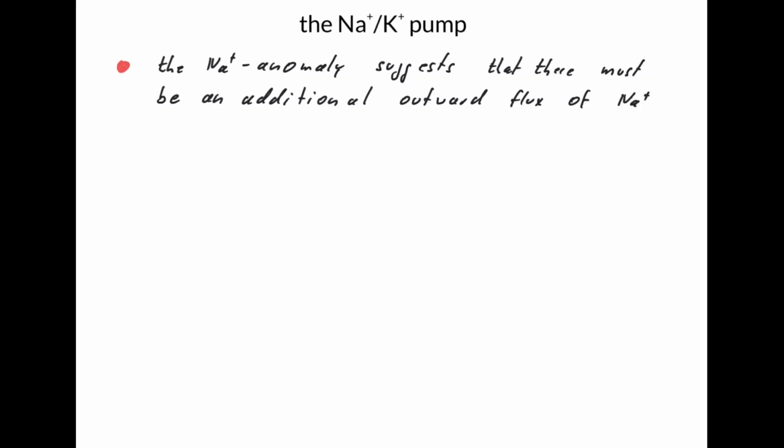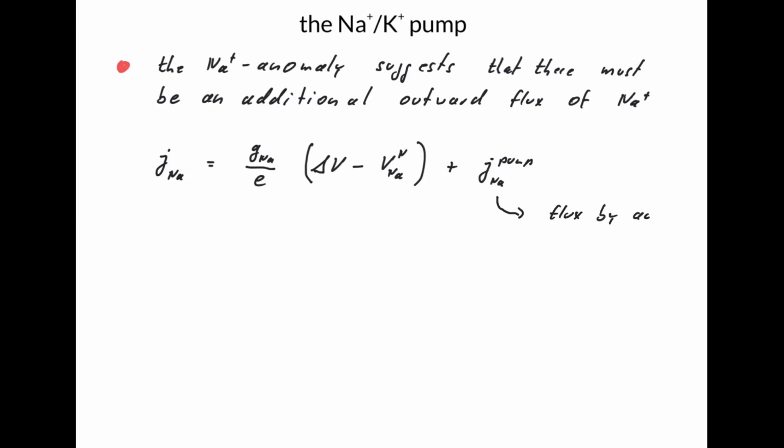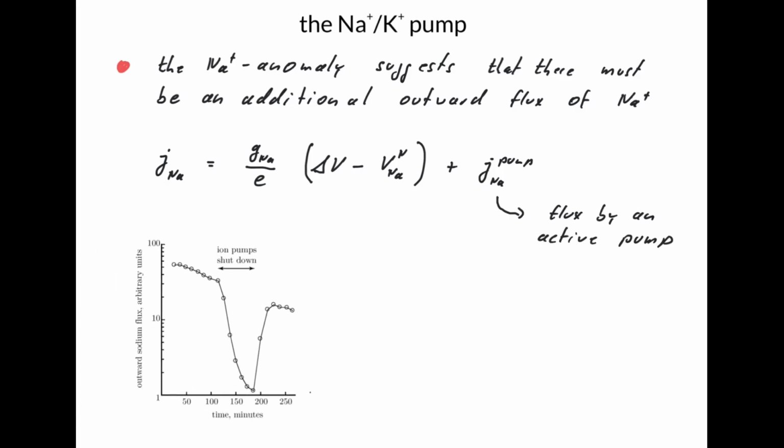Hence, by extending the equation for the ionic flux that we had before, now just for sodium, we have to state that the sodium ion flux is equal to the conductivity of sodium divided by e times delta V minus the Nernst potential of the sodium ion, plus an additional flux of sodium ions, which is caused by an active pump.